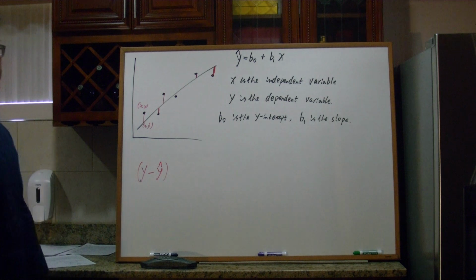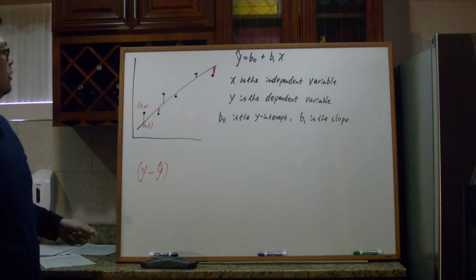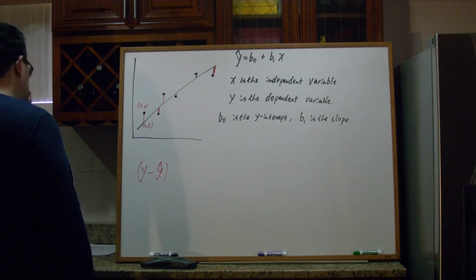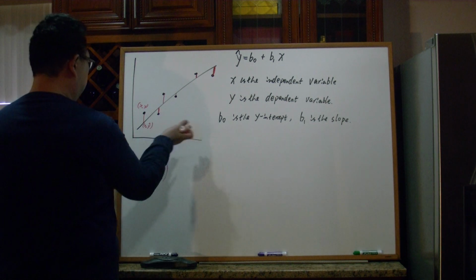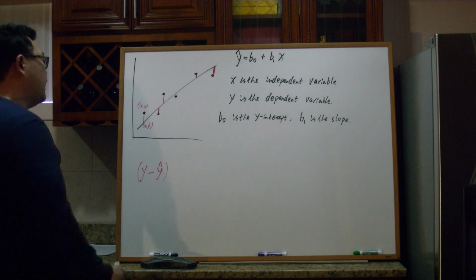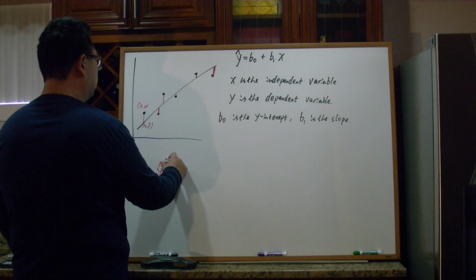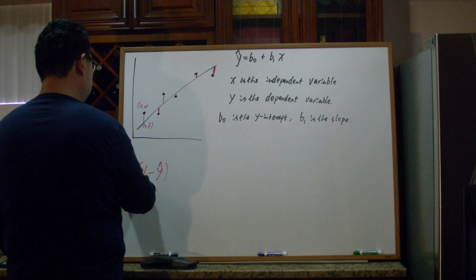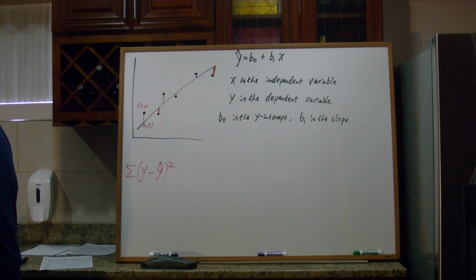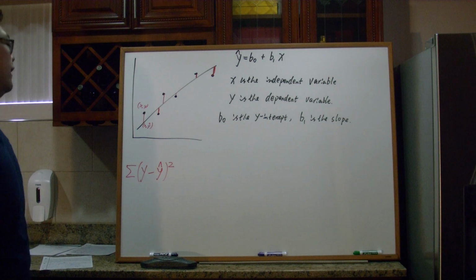For any line that will be 0 no matter what we do, if that's best fit enough, and if it's a good line, right, we need to make sure that y minus y hat equals 0. Not only that, but also the square of it needs to be the smallest value.